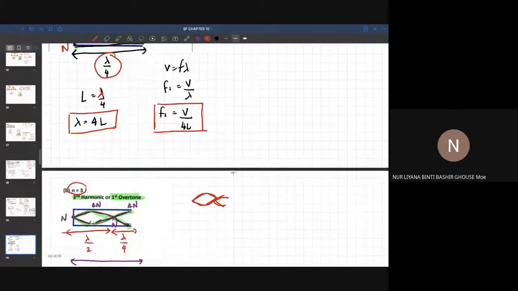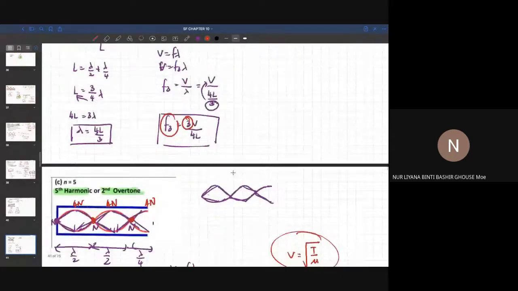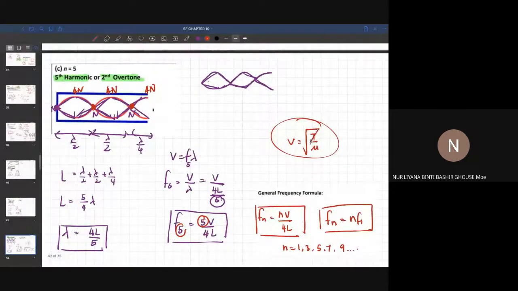Untuk pipe yang tertutup sebelah, dia tak ada tension. Tak ada tension, dia tak ada mu. So equation ini tidak boleh digunakan because there is no tension force. Hanya bila ada string sahaja yang ada tension. Yang kita duk lukis ni adalah wave. That is not the tension. Sebab itu kita tak boleh guna equation square root T over mu.